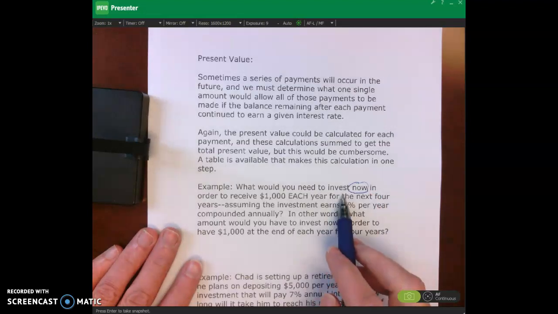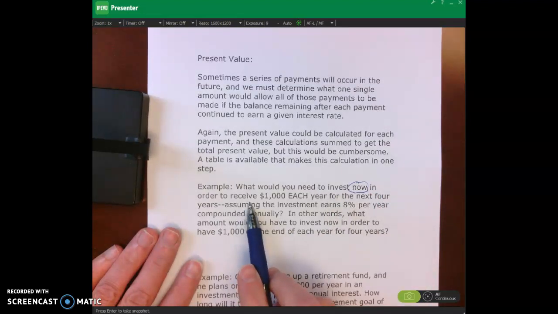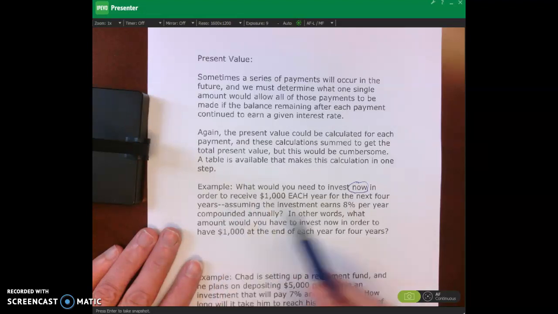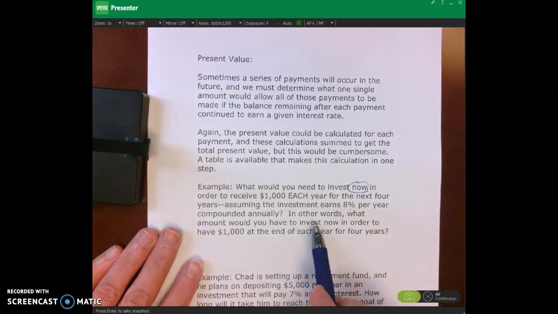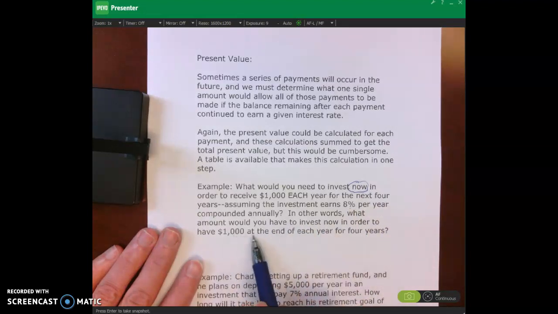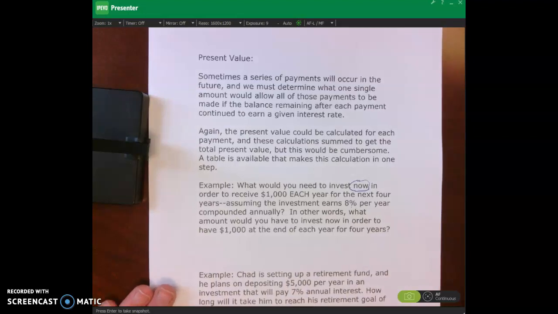How much would you have to invest right now in order to then withdraw or receive $1,000 each year for the next 4 years, assuming 8%? So the number of periods is 4, interest rate is 8%. In other words, what amount would you have to invest now in order to withdraw $1,000 at the end of each year for the next 4 years?